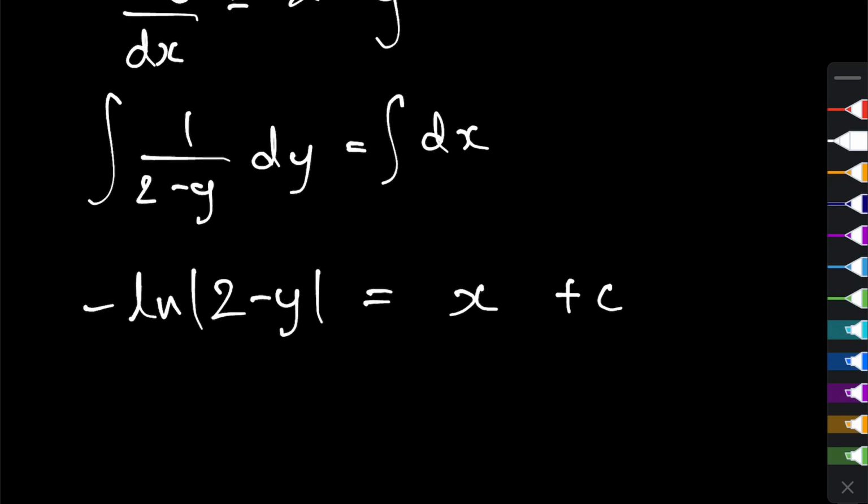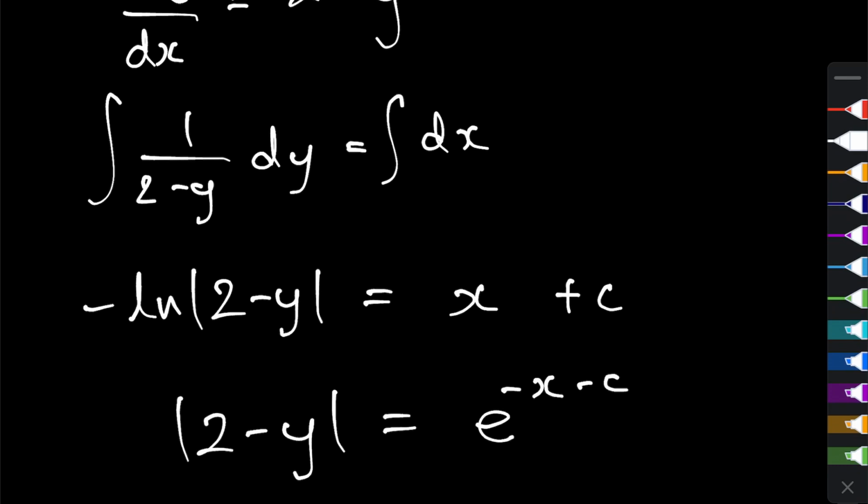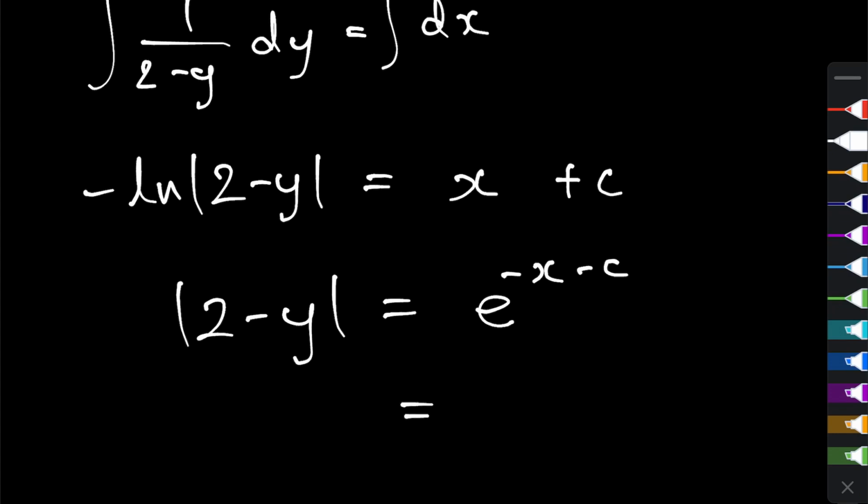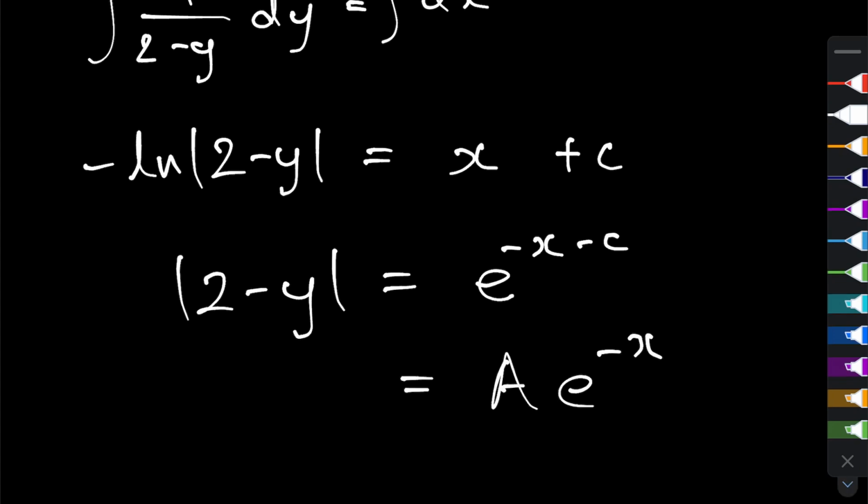And exponentiating both sides, we see that the absolute value of 2 minus y is equal to e to the minus x minus c, and we can write that out a bit more neatly by having some constant a times e to the minus x, where a is equal to e to the minus c. So c is a constant, that makes a a constant.